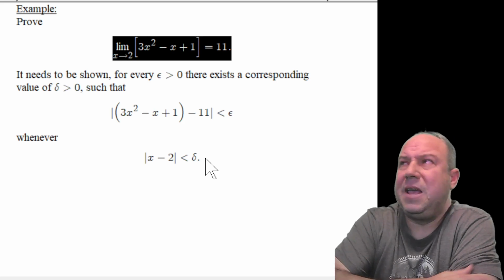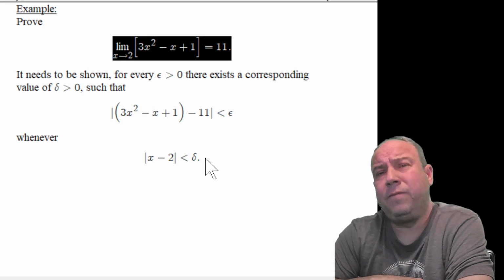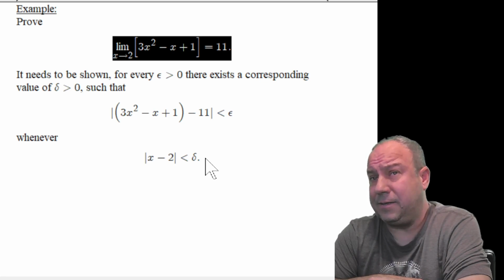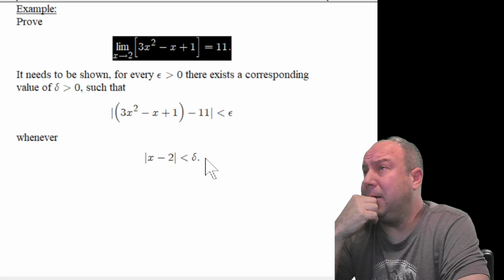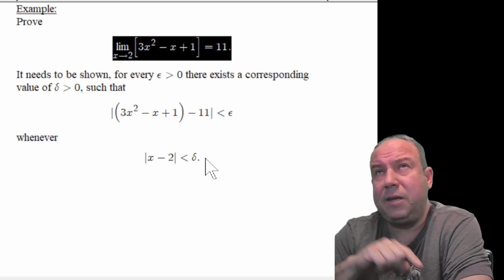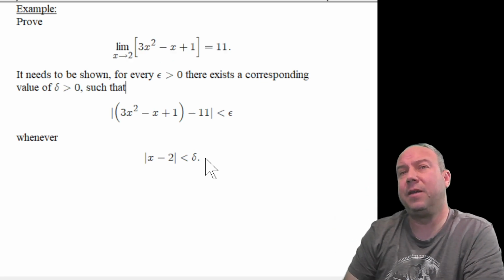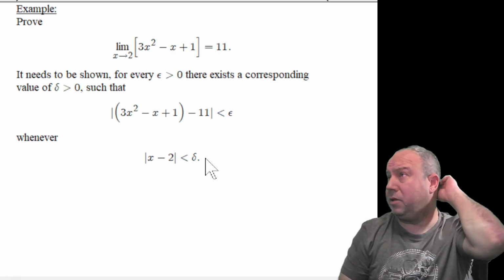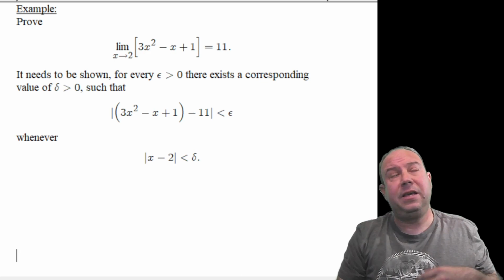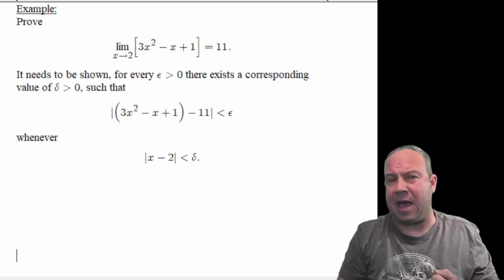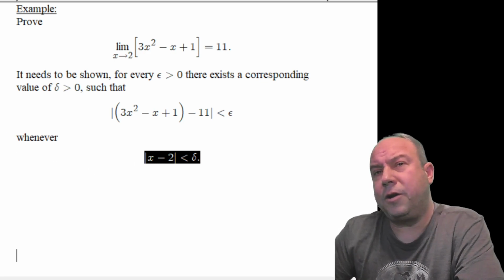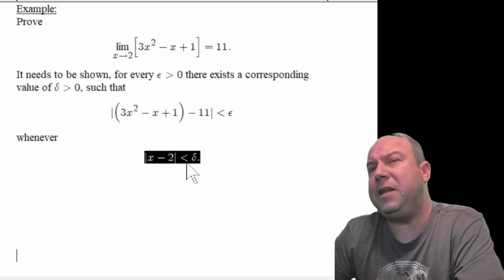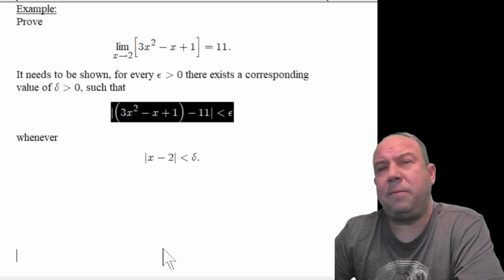And it's a little bit more involved than the linear case. It does begin the exact same way, and that is with the preliminary algebra. As always, a little bit of preliminary algebra is going to show you the path. It's going to give you the path you're going to need to move from this statement here to this statement here.